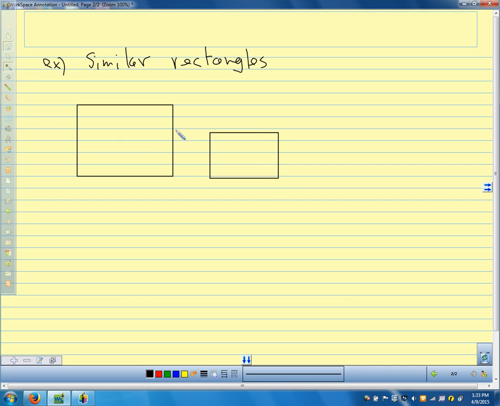And we're going to say this is 8 millimeters and this is 6 millimeters. We want the ratio of the areas and the ratio of the perimeters.